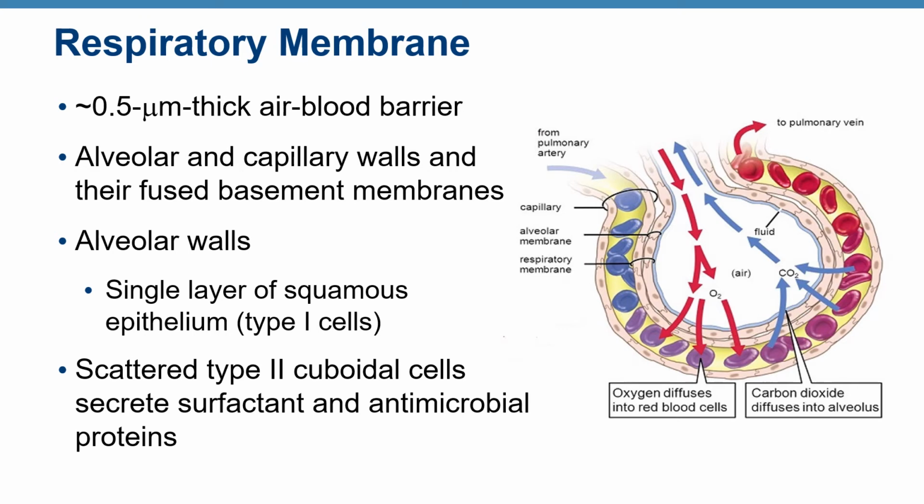Respiratory membrane. So I want you to look at this diagram and see that's the alveolus, right? So here's the alveolus. And the wall of the alveolus, these cells over here, this is simple squamous epithelial cells, right? So the whole alveolus is made of these simple squamous epithelial cells.